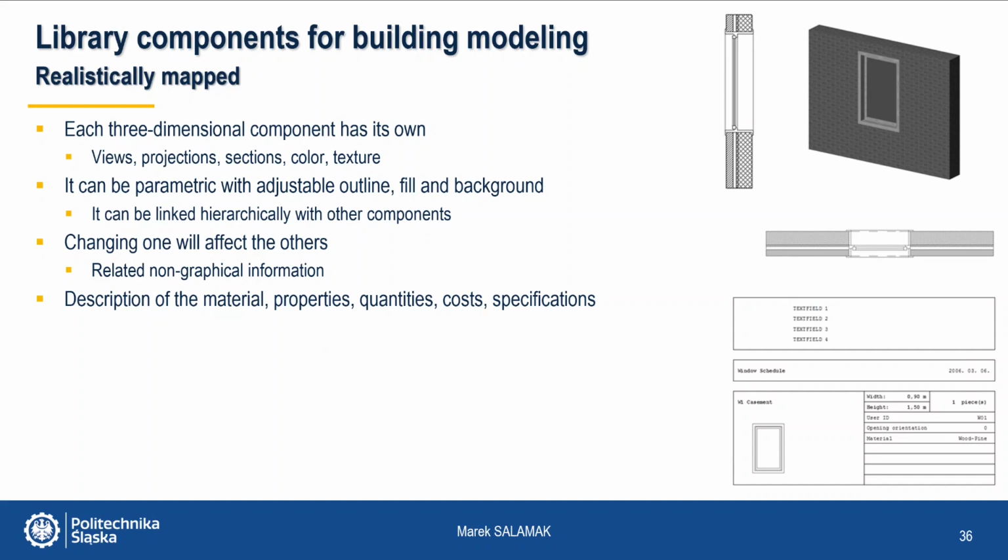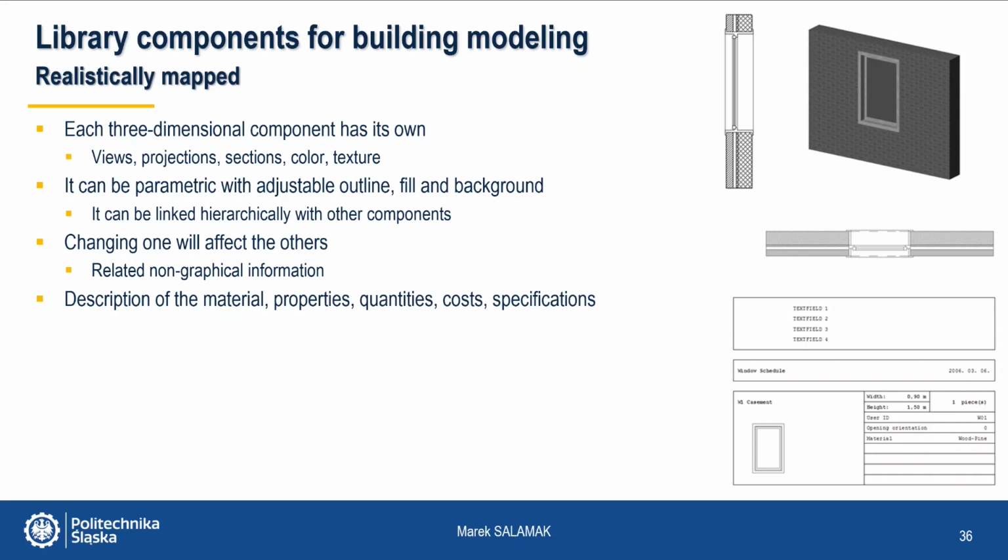Library components used for modeling have their realistic representations. Each three-dimensional component has its own views, projections, sections, color, and texture. It can be described parametrically, which allows you to change its dimensions, fill, and background.